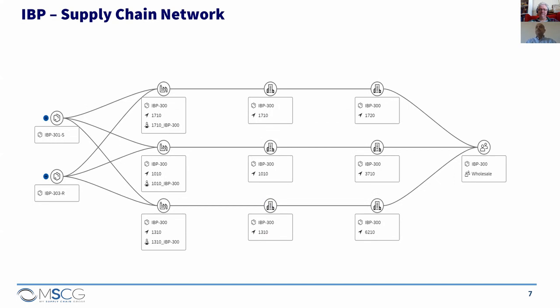So I've got one finished product here, IBP 300, to the right side, and I have the customer group. As you know, we do inventory optimization at product, location, customer group level. And these 3 DCs are going back to the manufacturing plant. To the left side, it shows you the production source IDs at each of the manufacturing facilities.